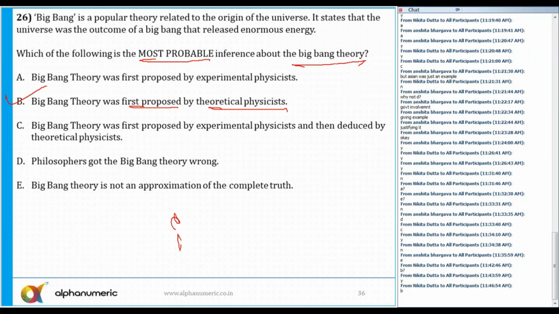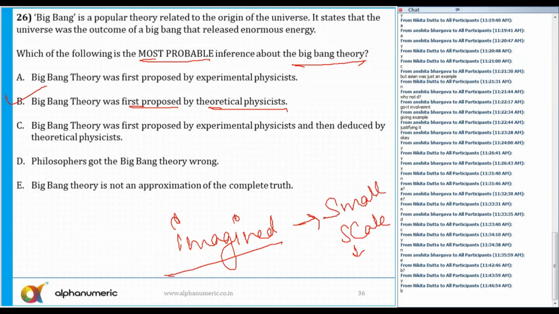So somebody must have first imagined it, and then probably on a small scale you will try to experiment on it, and then you will try to understand what is the truth. If you had not imagined, then how would you know about the Big Bang theory? So in all probability, the Big Bang theory was proposed by theoretical physicists. Answer should be B for question number 26.